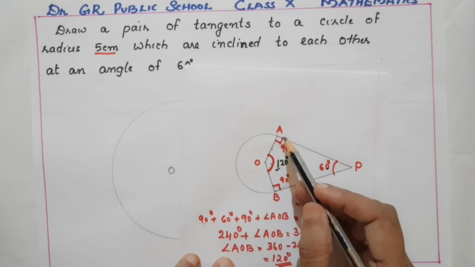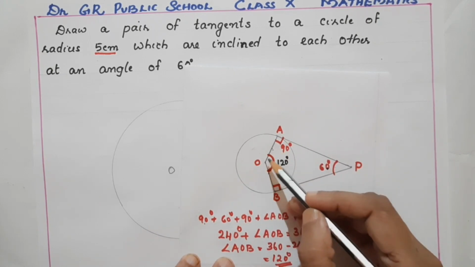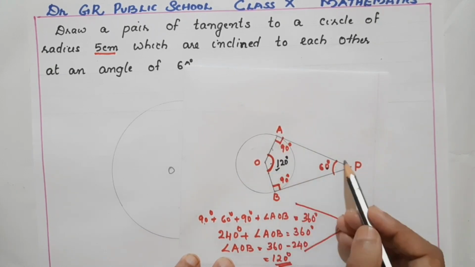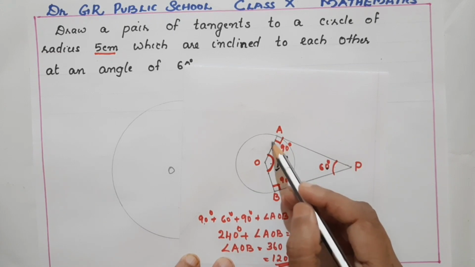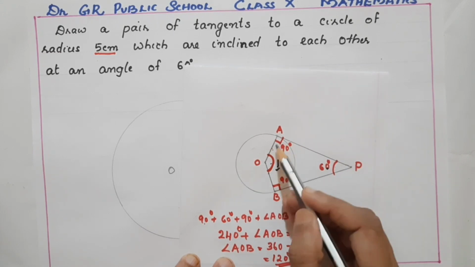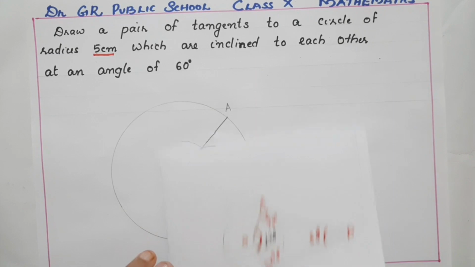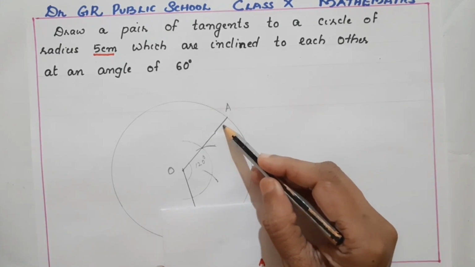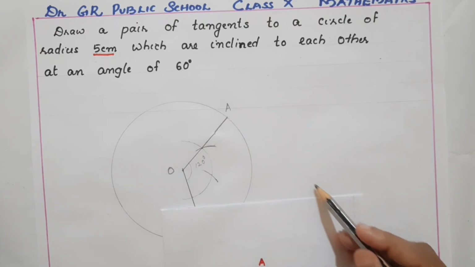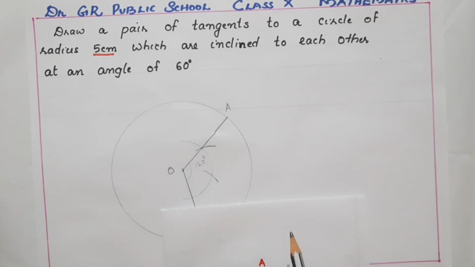Now how can we draw this tangent? We know radius and tangent make a 90 degree angle. So if we can make a right angle here, from there you will get one tangent.